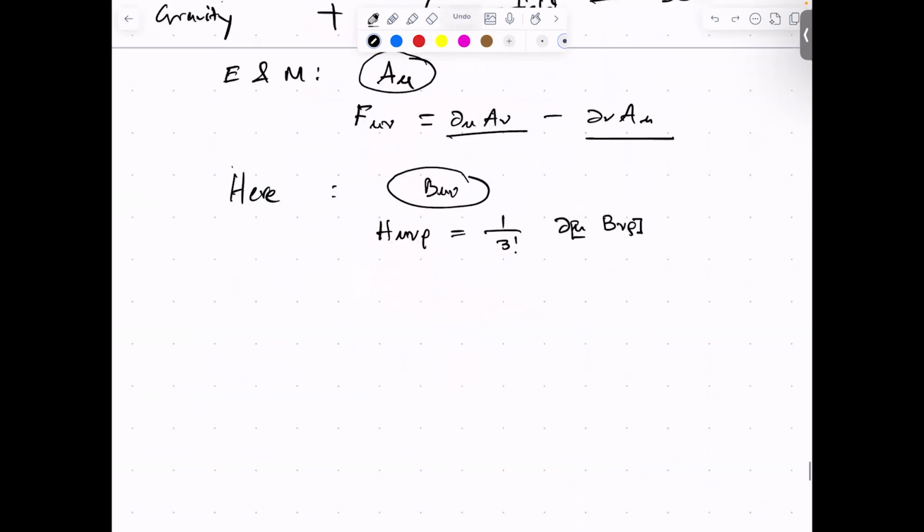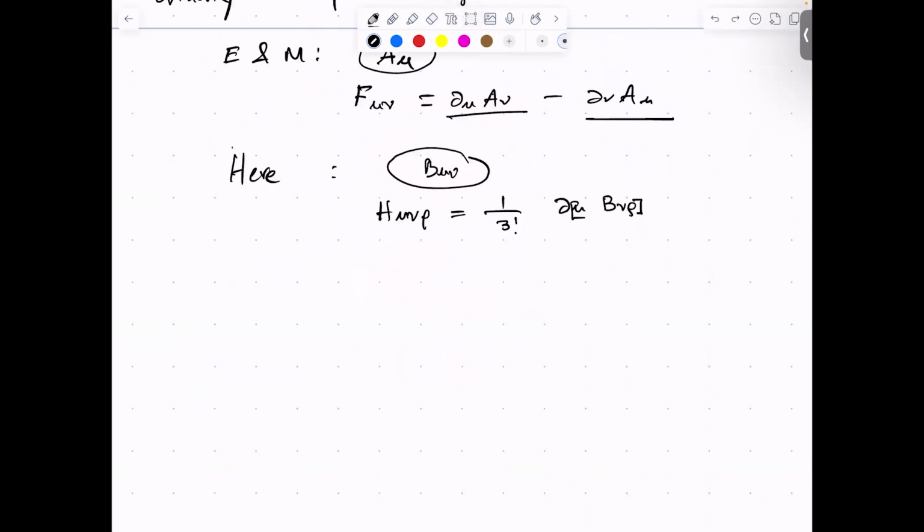Until now, I discussed closed strings. Now comes another possibility, that is open strings. So what is that? Sigma and tau are my coordinates.